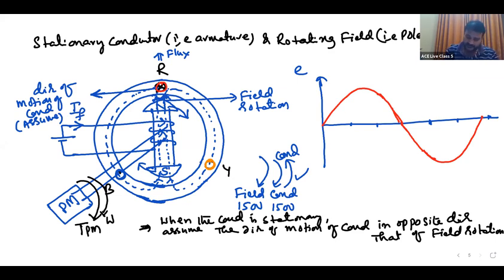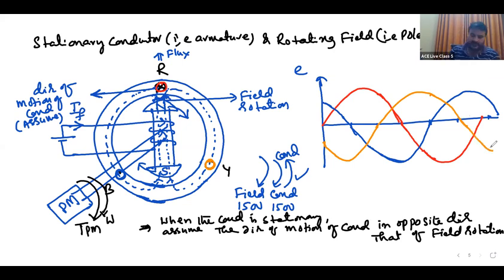So this is Y. The Y phase will be like this, and the B phase will be like this. This is the B phase, and the Y phase.